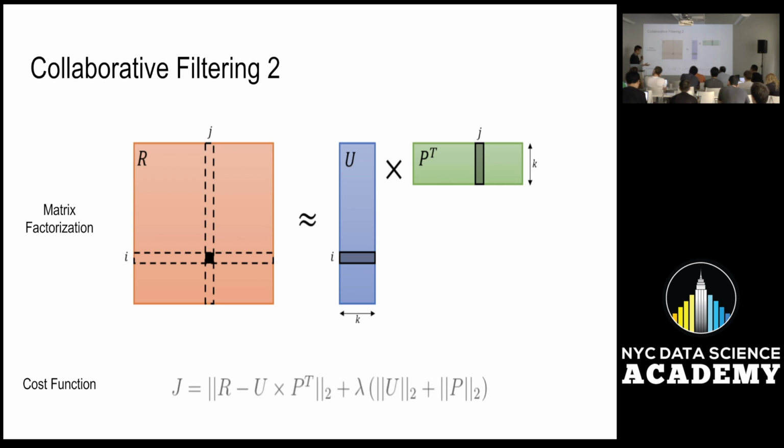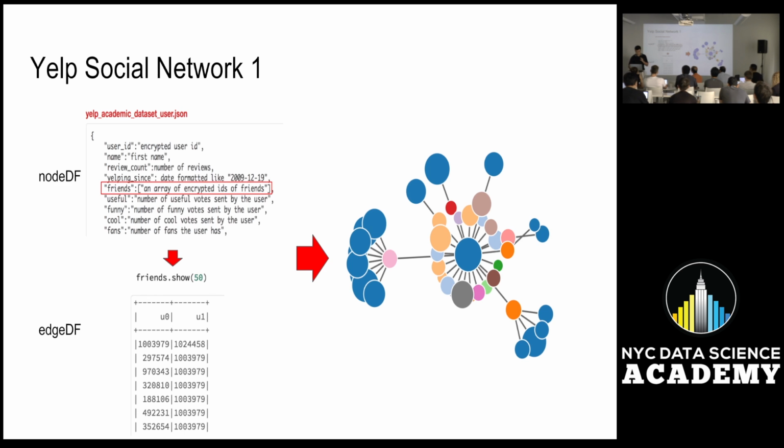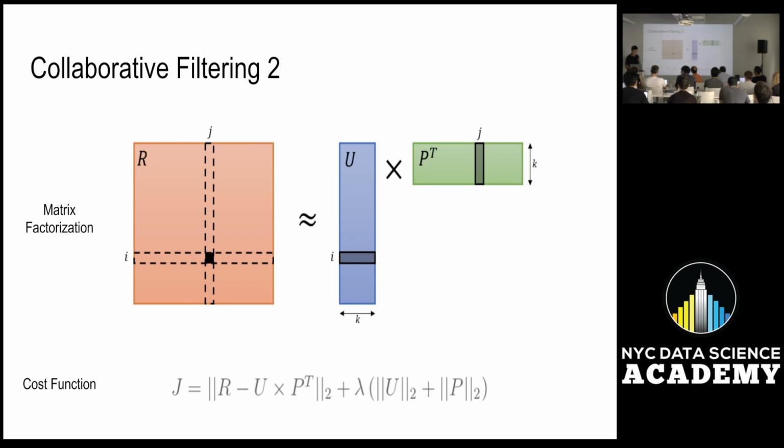The model training process is basically trying to minimize this cost function. The first term is the error estimate, and later you have a penalty or regularization term. We used the matrix factorization library included in the MLlib package, which is Spark friendly. So that is collaborative filtering.